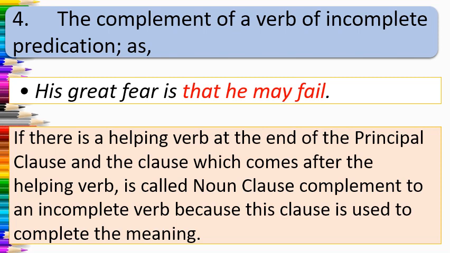Then it is called a noun clause complement to an incomplete verb. Why? Because this clause is used to complete the meaning of that particular verb. So this is called the complement of a verb of incomplete predication.